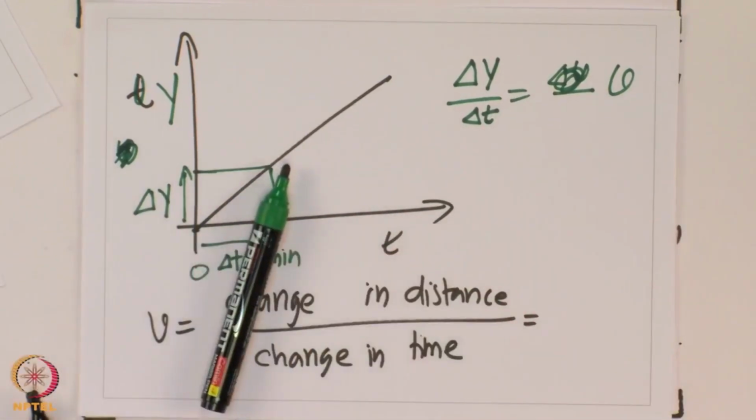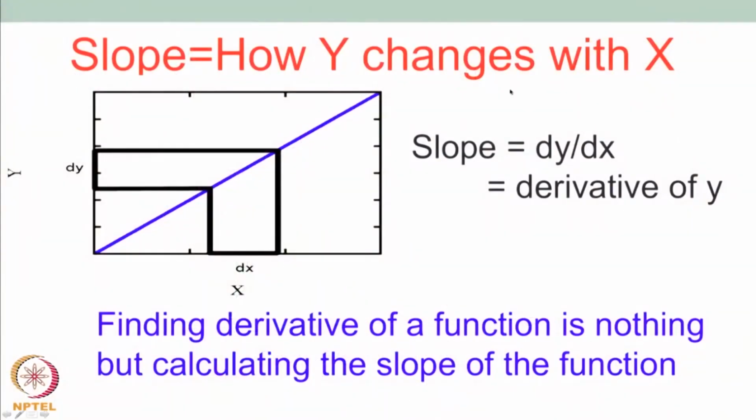So let us see the slope, how y changes with x. If you have a small range of x, how much did the y change? So dy by dx is called the derivative of y. So finding the derivative of a function is nothing but calculating the slope of a function.